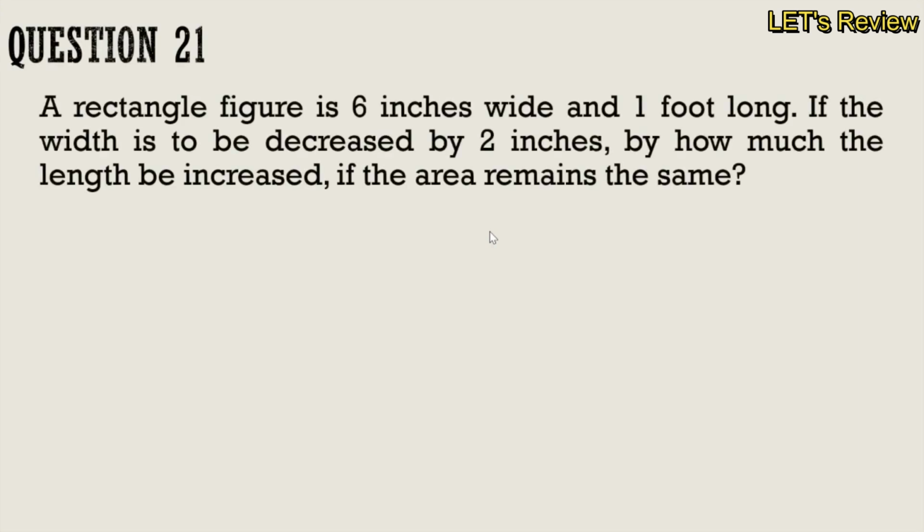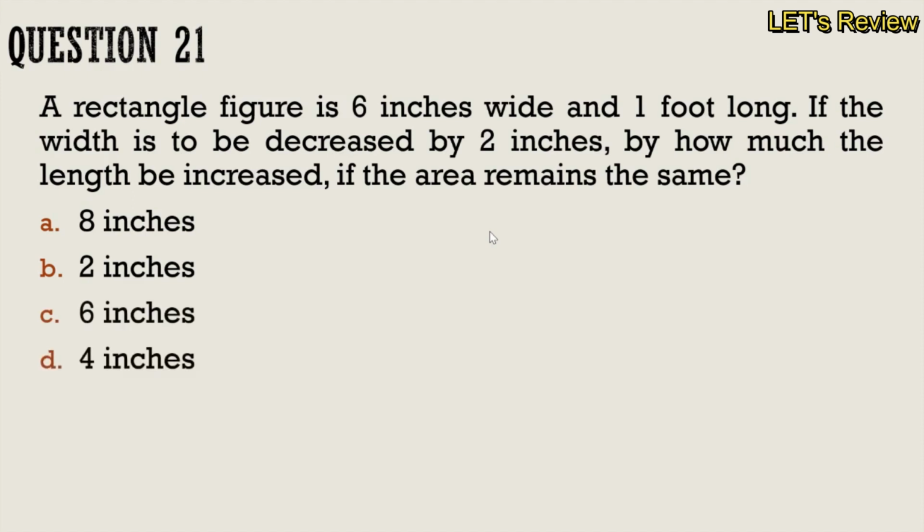Question 21. A rectangle figure is 6 inches wide and 1 foot long. If the width is to be decreased by 2 inches, by how much must the length be increased if the area remains the same? A. 8 inches. B. 2 inches. C. 6 inches. Or D. 4 inches.